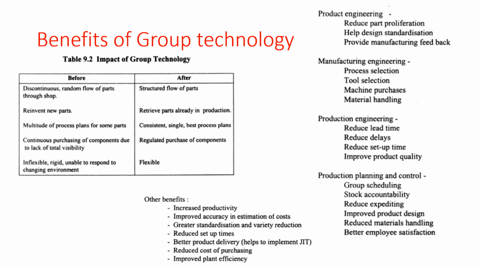The main benefits of group technology are in product engineering, manufacturing engineering, production engineering, and production planning and control. Other benefits include increased productivity, improved accuracy in cost estimation, greater standardization and variety reduction, reduced setup times, better product delivery, reduced cost of purchasing, and improved plant efficiency.